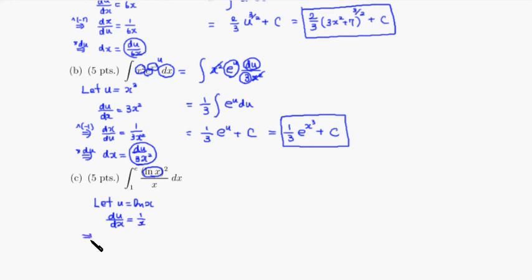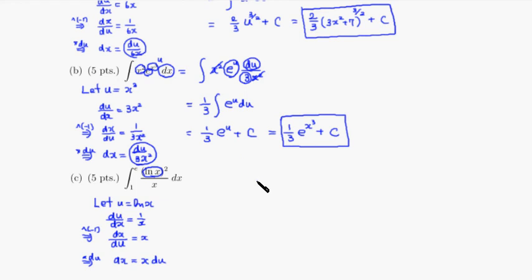Then take the reciprocal of both sides. You get dx over du, which is x. Then we can multiply through by du, so dx is equal to x times du.